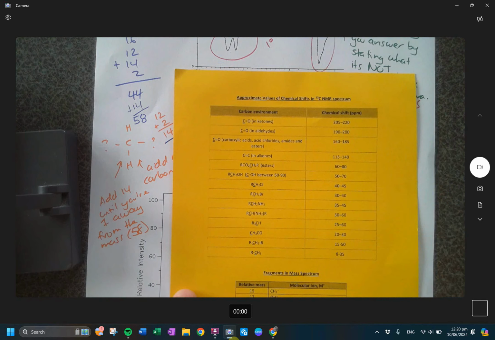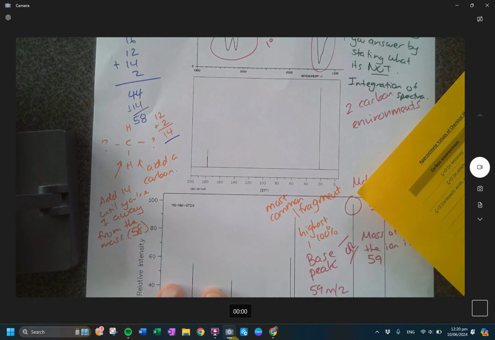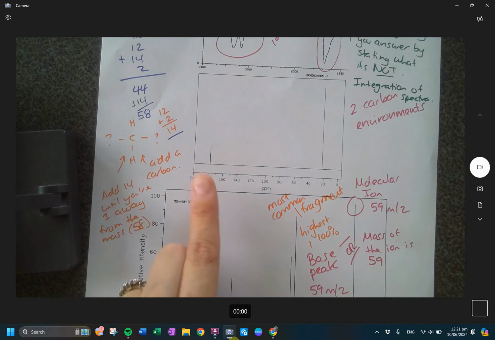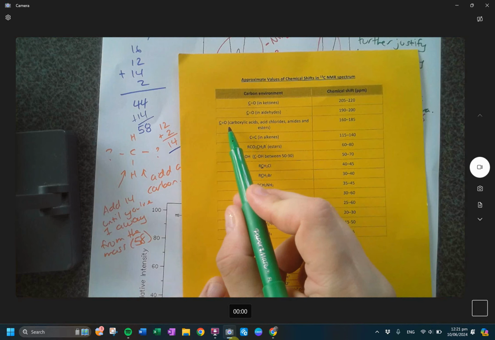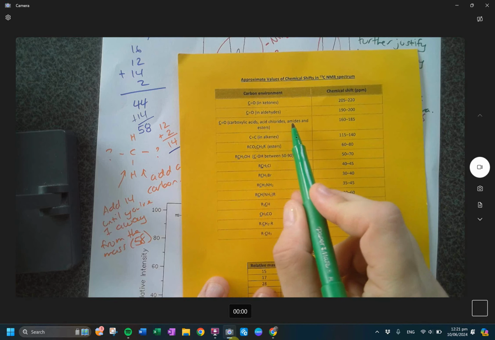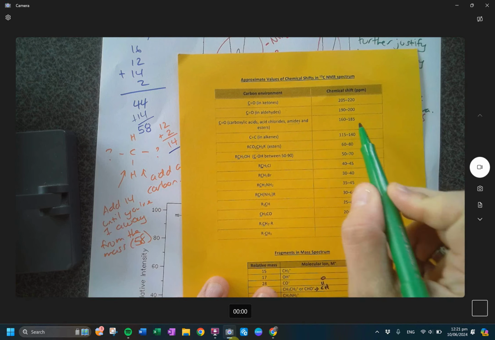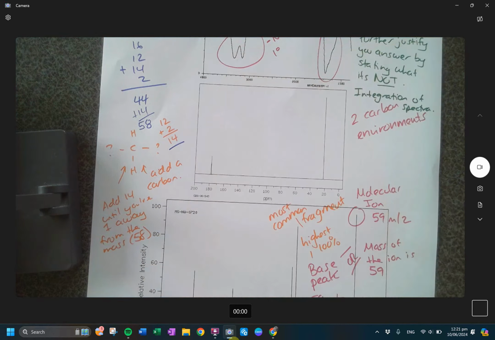So for example, I want to prove that this peak here is an amide. So I would look to see C double bond O in carboxylic acids, acid chlorides, amides, and esters. I have an amide, and it says that it should be around 160 to 185. So I look here.